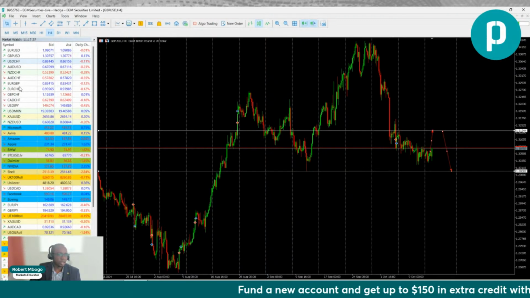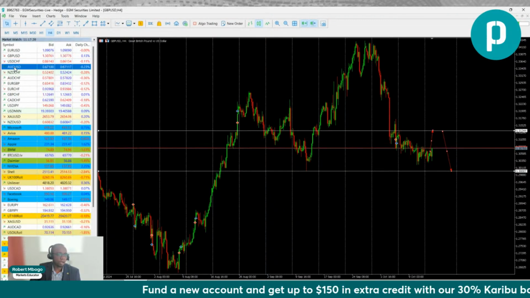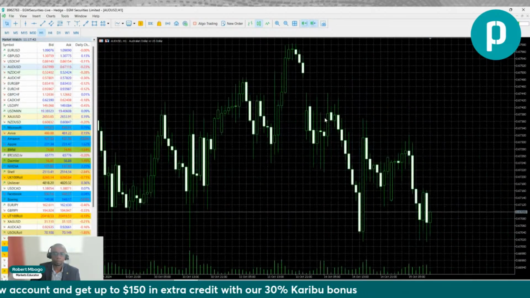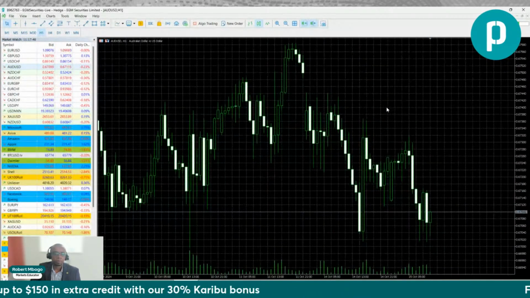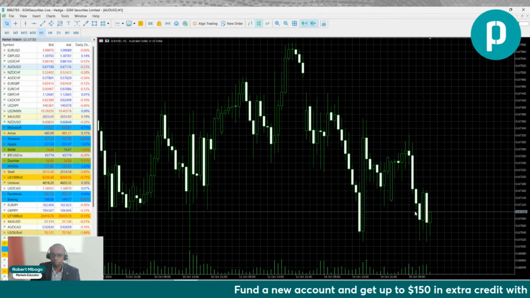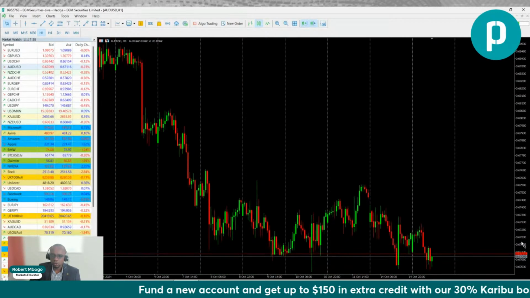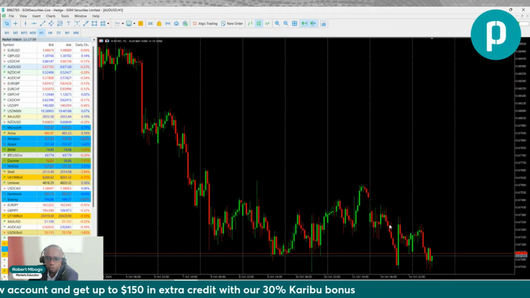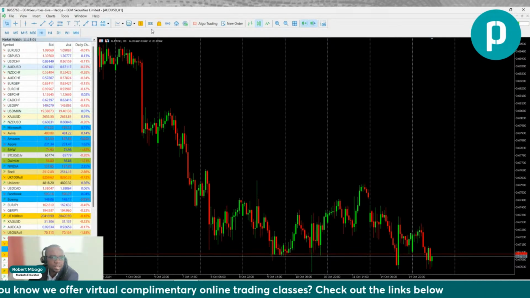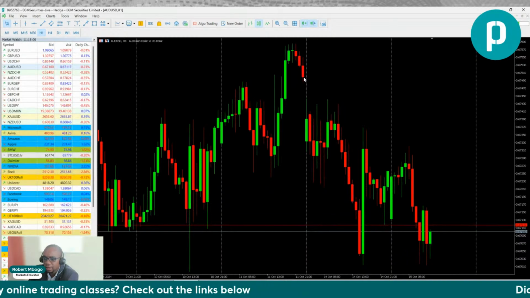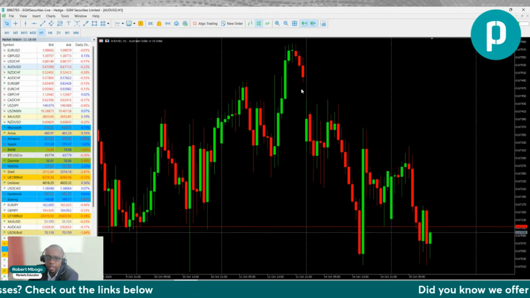Okay, so let's look at Audi USD. So on Audi USD, we can see a gap that was formed yesterday that is yet to be filled up. So there's a high chance that we could see AU headed to this gap.